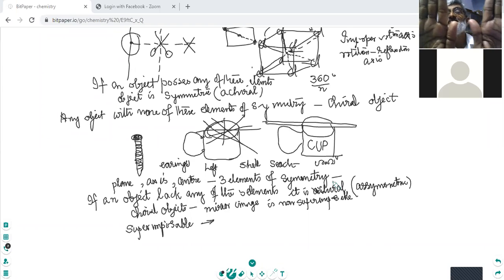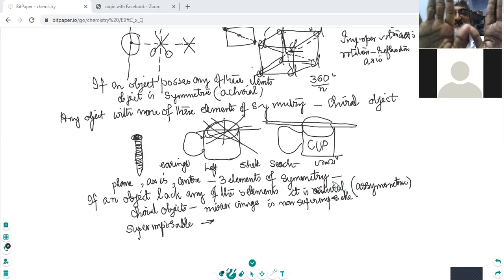Am I right? This is going to be the mirror image of this hand. So that is the relationship between the two hands. The two hands are mirror images.